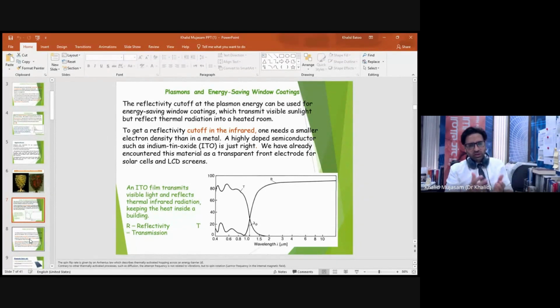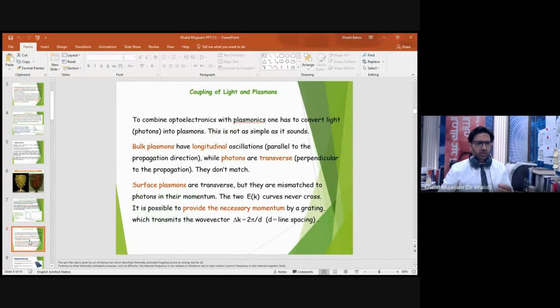So we need reflection, we need absorption of the energy, so that this energy can be converted in the system, and we can have the threshold electron release, and accordingly we can have different material perspectives as we design their applications. Here, how are we going to combine optoelectronics with plasmonics?